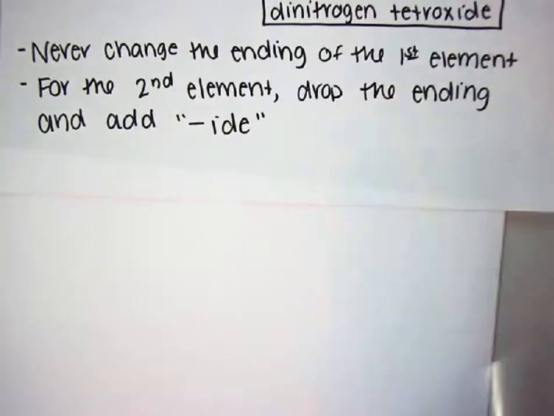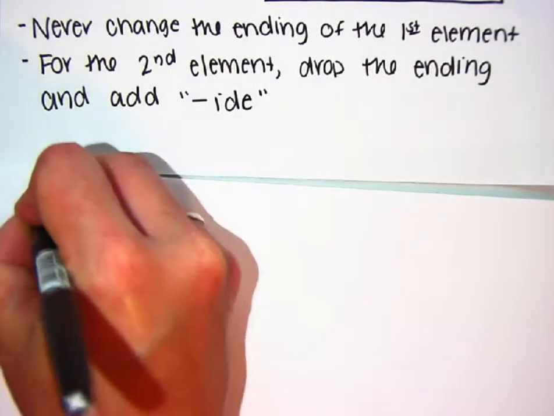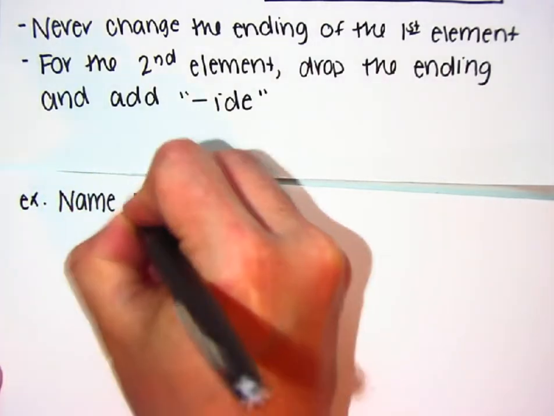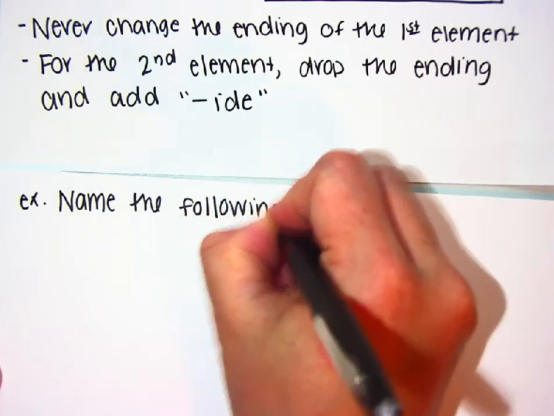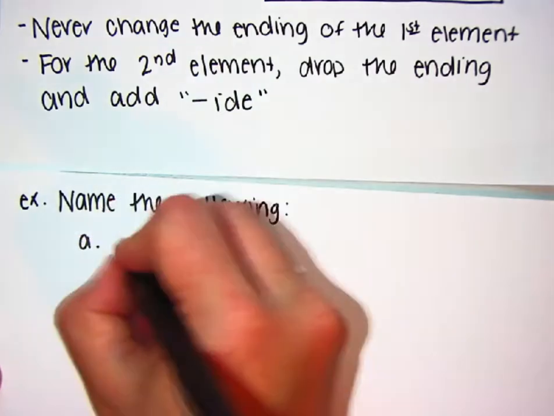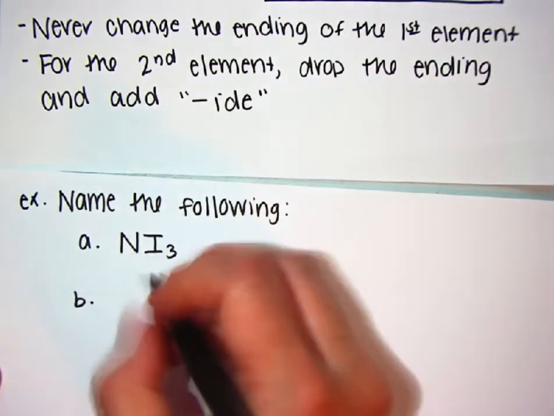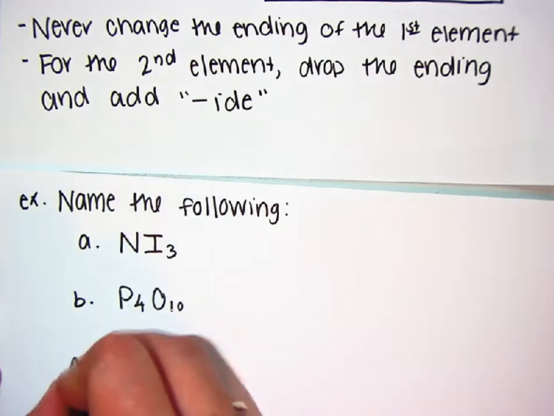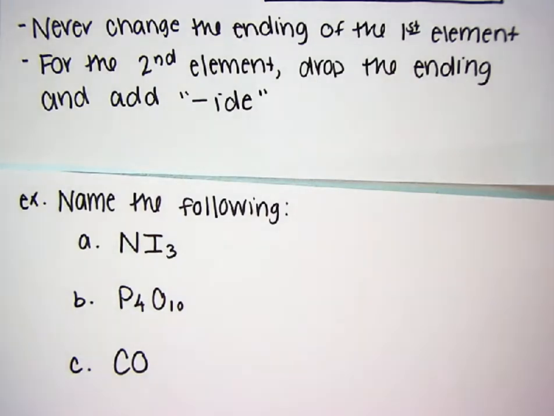Let's do some examples. So let's start by naming. All right, first one, NI3.